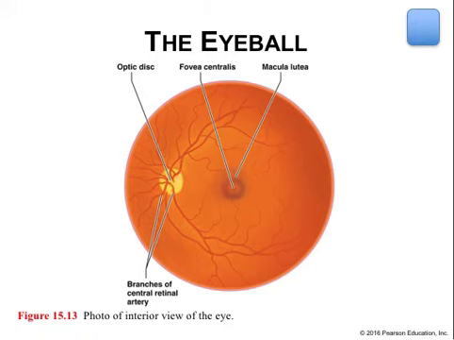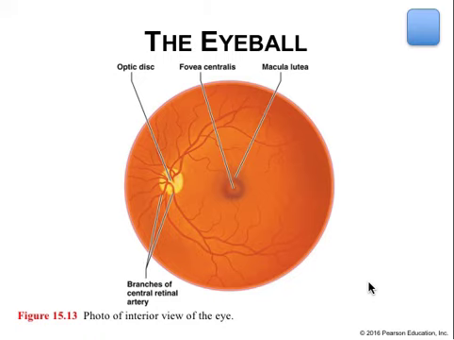The neural layer is the innermost portion of the eyeball that's known as the retina. It's an incomplete layer found only deep to the choroid and is composed of two layers with the following features. The superficial layer consists of a thin pigmented epithelium which decreases light scattering and nourishes the photoreceptors.